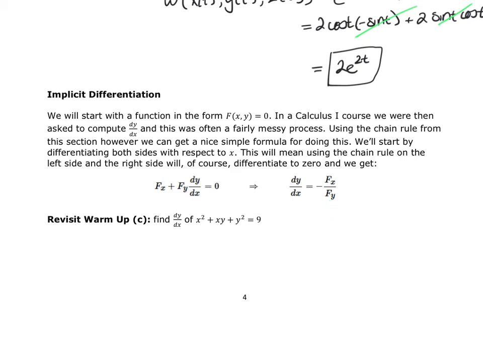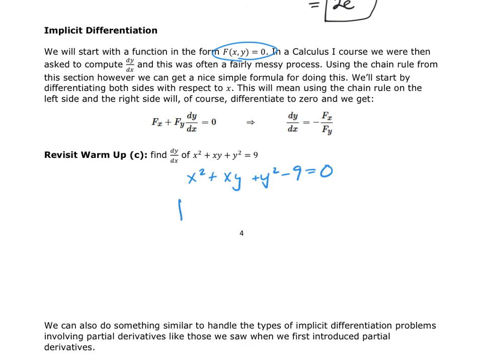So if I look at my function, I have to set it equal to 0 first. So I have x squared plus xy plus y squared minus 9 is equal to 0. And then my partial derivative of my function with respect to x is just going to be 2x plus y.